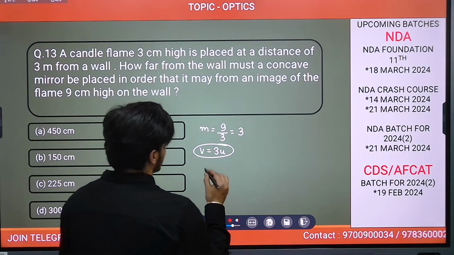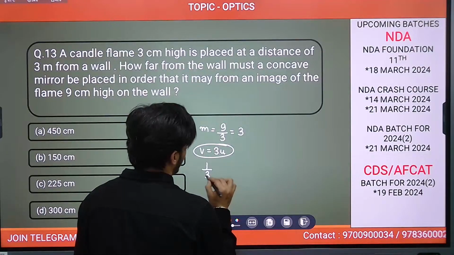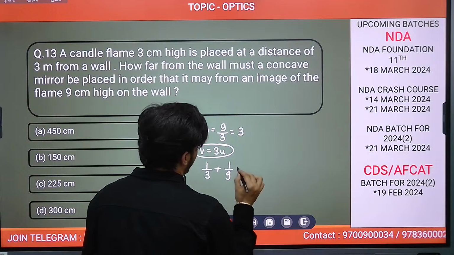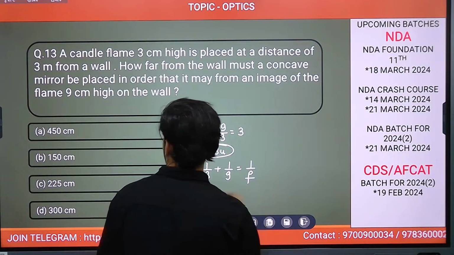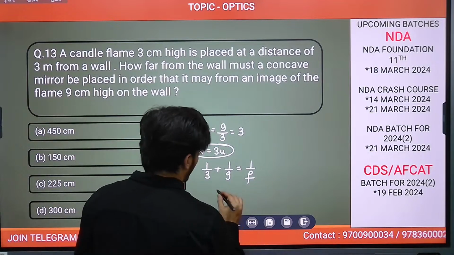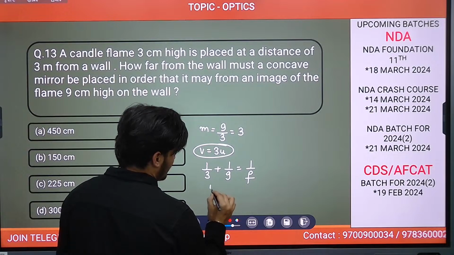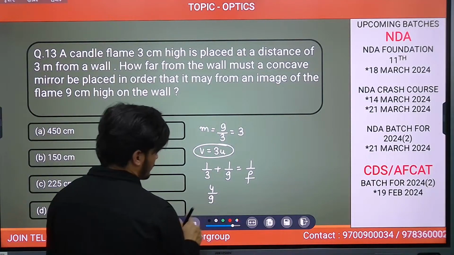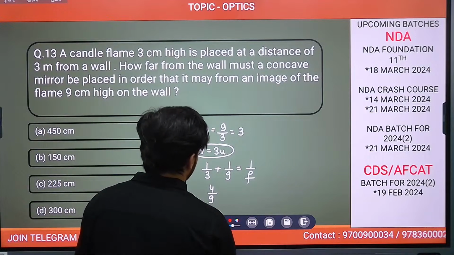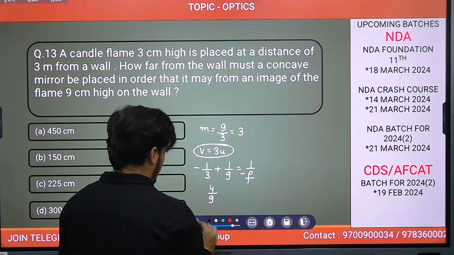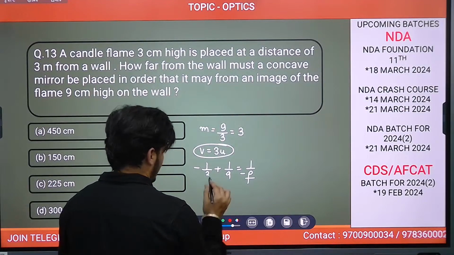u is given to us, so 1/3, 1/9, 1/f. So it will be 4/9, है ना, 4/9. And this will be negative, ये भी negative. 2/9, it's not 4, it's 2/9.